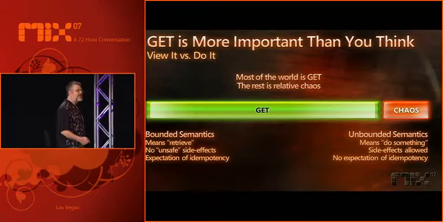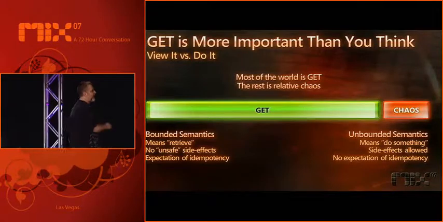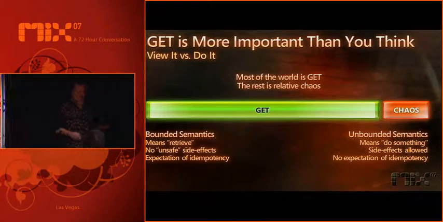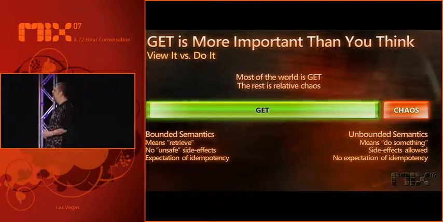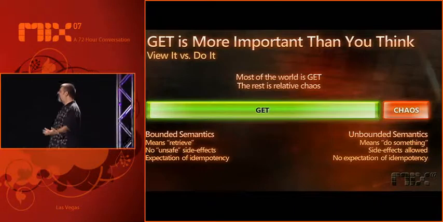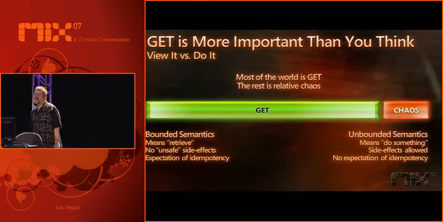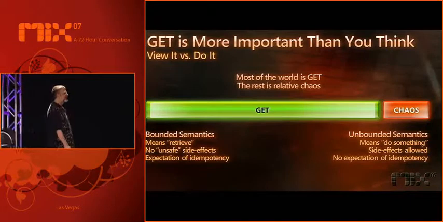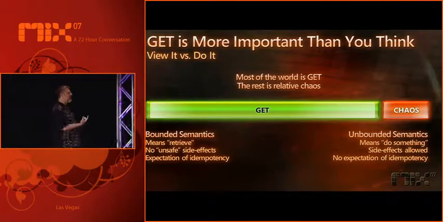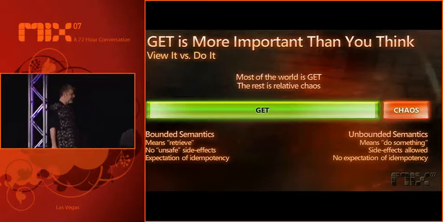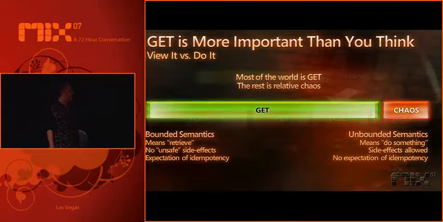Could I do GETs over whatever mechanism I use for chaos? I guess you could. However, you're swimming against the grain. You're leaving on the table this great piece of infrastructure and not taking advantage of it and using it to your advantage. So, this is the way the world works. Let's talk about the chaos.